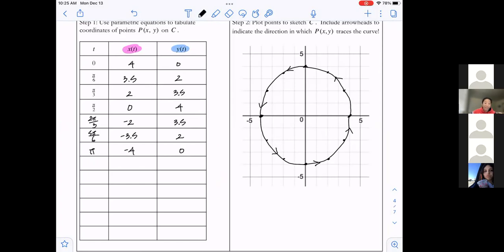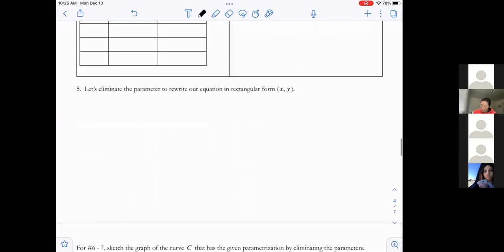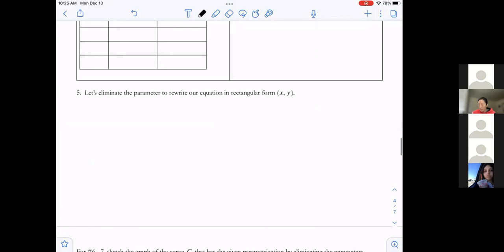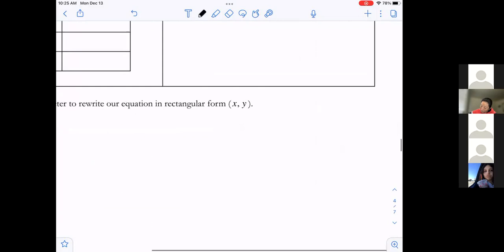As we've seen by now, usually if there's one method, there's more than one method. And sometimes knowing the connection between those two methods is actually the key to finding success in a lot of the problems, okay? And so in example 5, it says, let's eliminate the parameter to rewrite our equation in rectangular form, okay? And so here's what this means. Rectangular form means eliminate t's, all right?